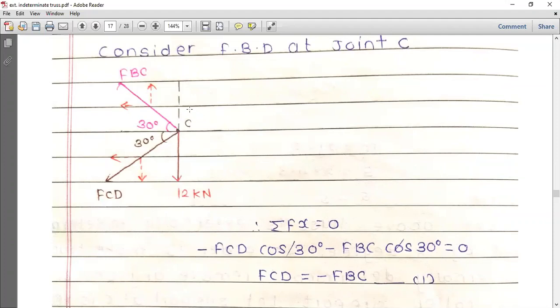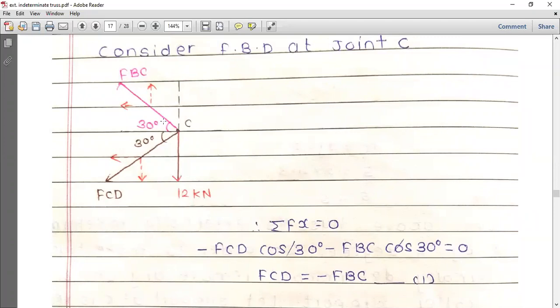Next, to this diagram, apply summation Fx equal to 0. By application of summation Fx equal to 0, we are getting this relation between FCD and FBC. While applying summation Fx and summation Fy, first of all, you have to resolve the given force.